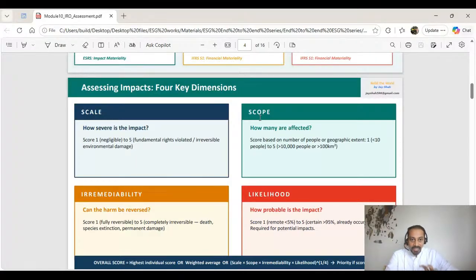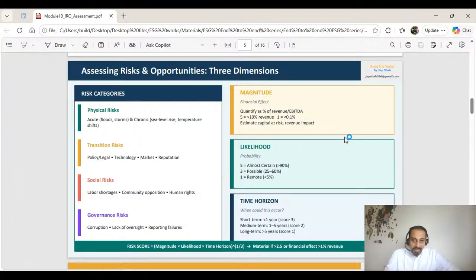I'm just explaining the dimensions and the definitions, the meaning of each and every word. Assessing risk and opportunity also covers three dimensions: risk categories, and it covers magnitude, likelihood, and time horizon.